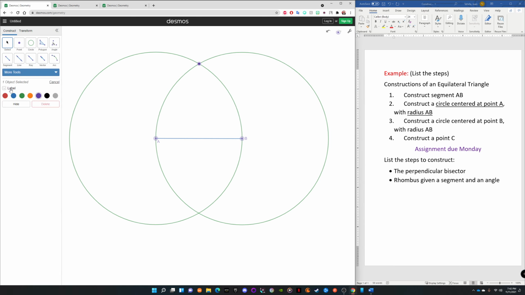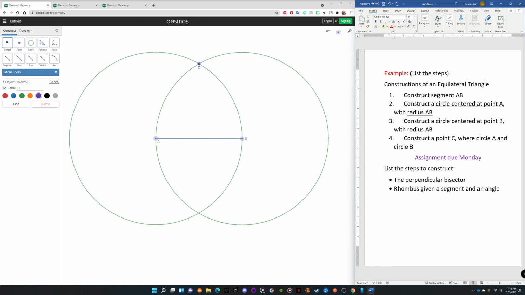You want to give a name to that point. So construct a point C, and you want to know where that point is located. So we're constructing a point C where circle A and circle B intersect.